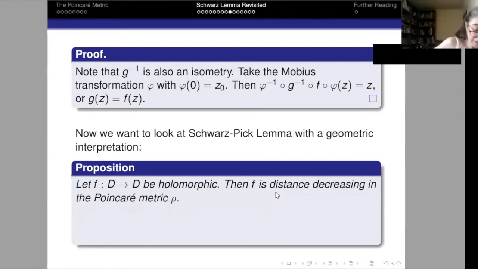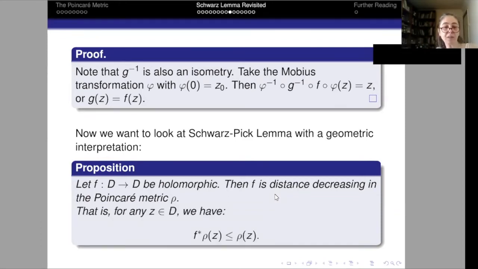Now, yesterday we remembered the Schwarz lemma. Now we want to look at it again, but with a geometric interpretation. We take a holomorphic function f in the disk. Then we say that f is distance decreasing in the Poincaré metric.